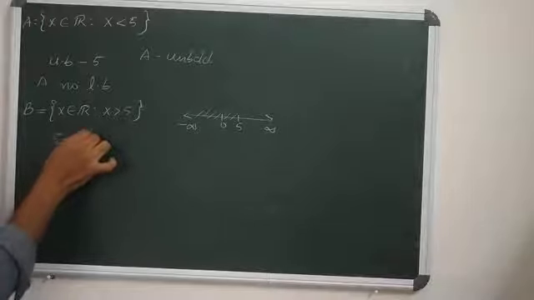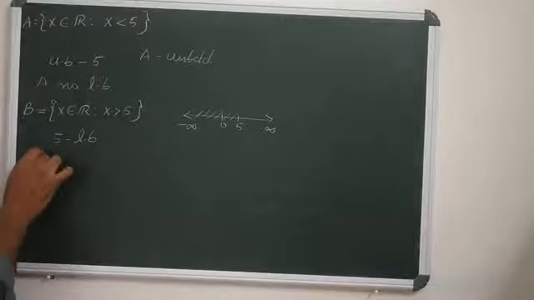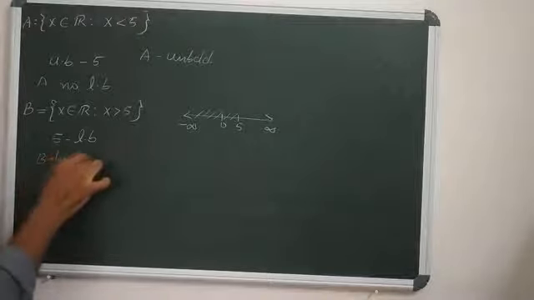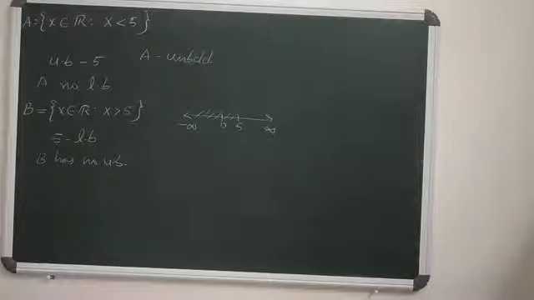Here there is a lower bound, which is 5, but there is no upper bound. So B is not bounded above. Therefore B is again unbounded. A set which is not bounded is said to be an unbounded set.